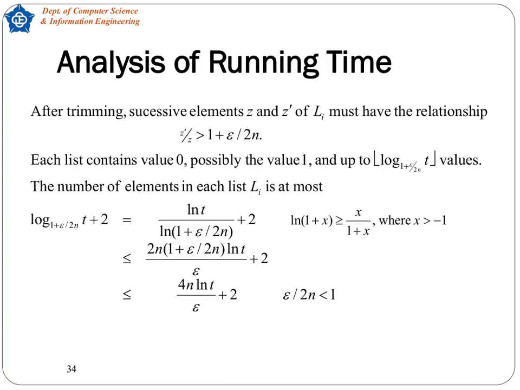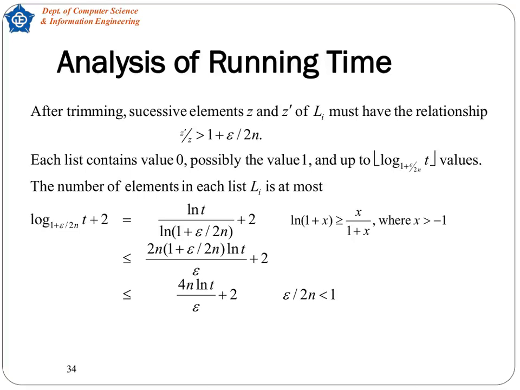Building on the previous trimming argument, we now bound the size of each trimmed list and derive a concise running time guarantee. After trimming, every pair of successive entries z and z' in list Li must satisfy the multiplicative gap z' greater than z times 1 plus epsilon/2n.